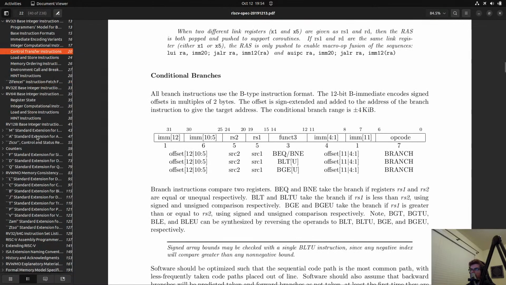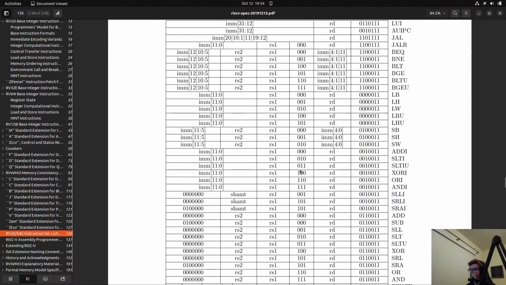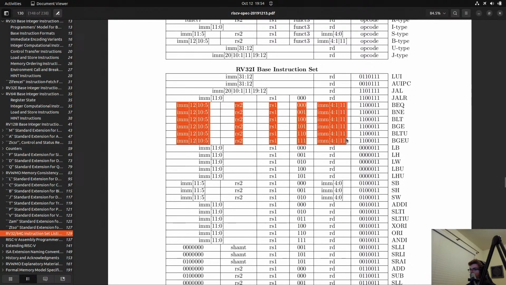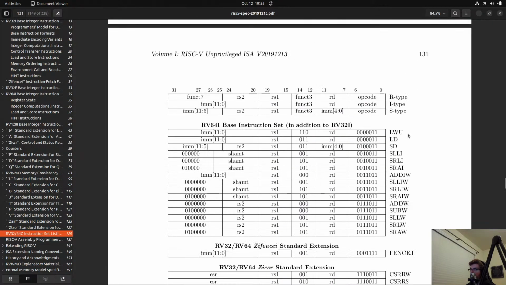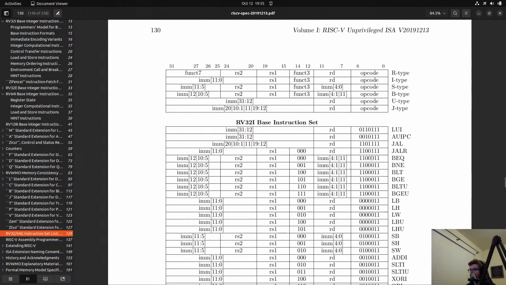Conditional branches. Okay, we're going to grab the conditional branch instructions here. And here they all are. And we should see down here that we don't have any branch instruction additions. Okay, so they all have the same opcode as we would expect.